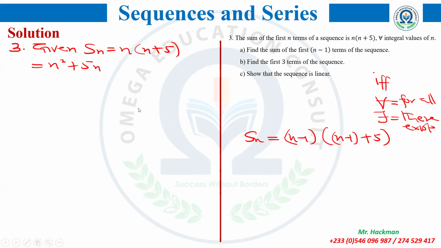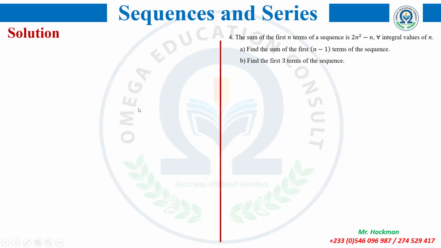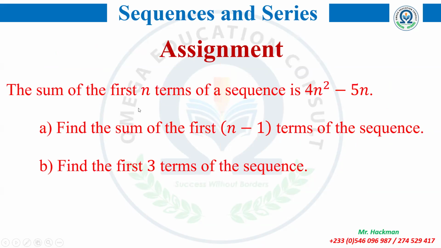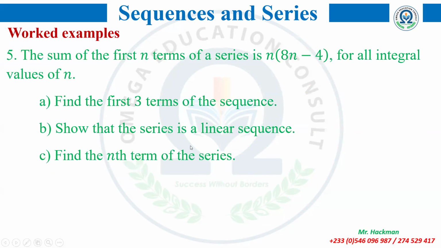So on that note, you should be able to do this one for me as your assignment. Do this one as your assignment, and this is supposed to be your take notes of this particular question. Remember, it is in green.